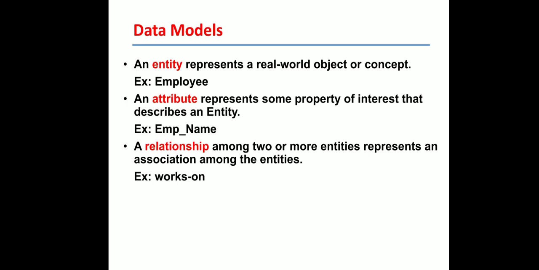Next, a relationship. A relationship among two or more entities represents an association among the entities. Suppose I have more than one entity in my database, if there is an association or a relationship among these entities, I can show that in the form of a relationship. For example, we have employee as an entity, and one more entity, department. These two entities have a relationship because each employee can work in some department.